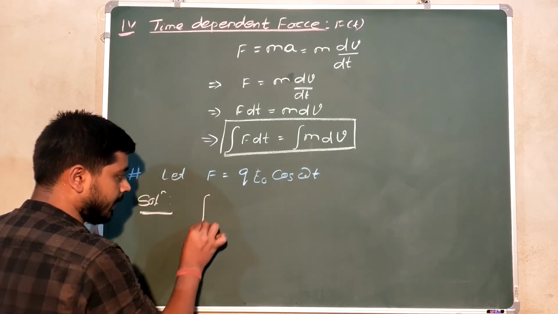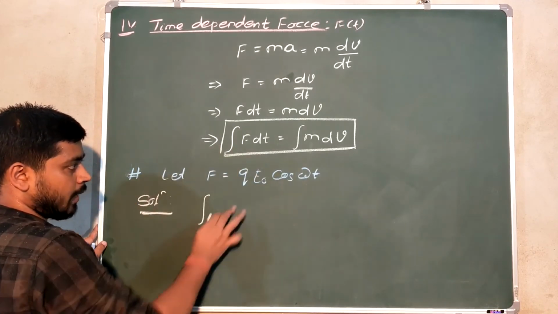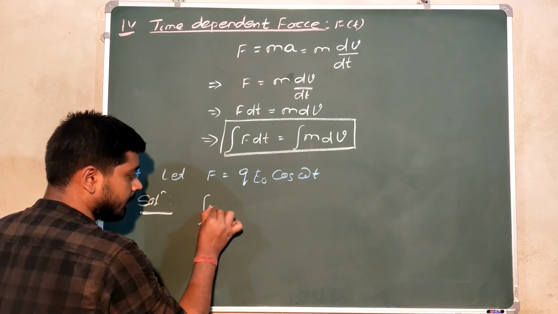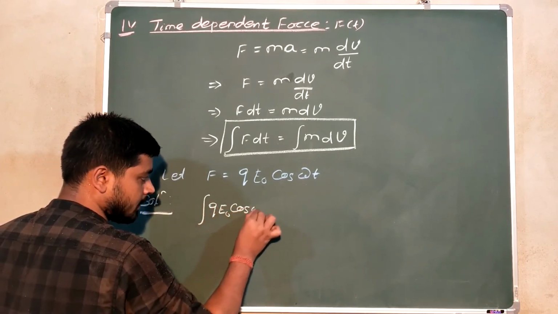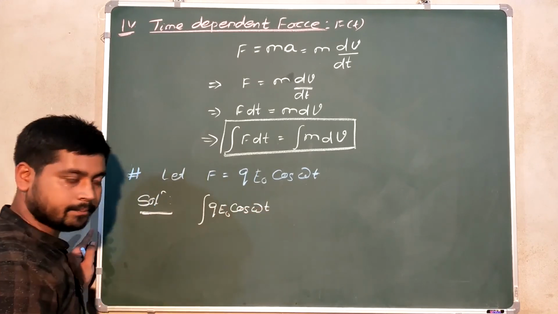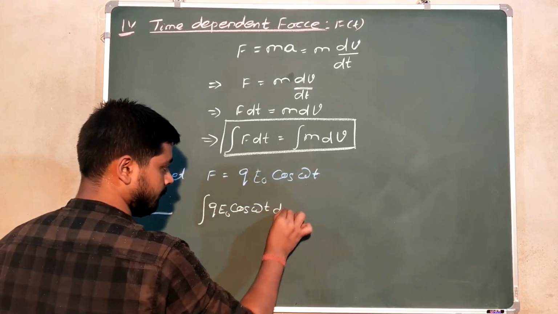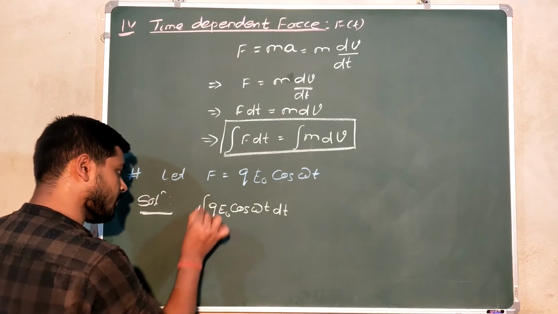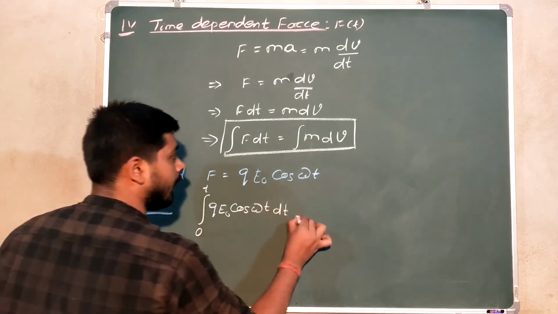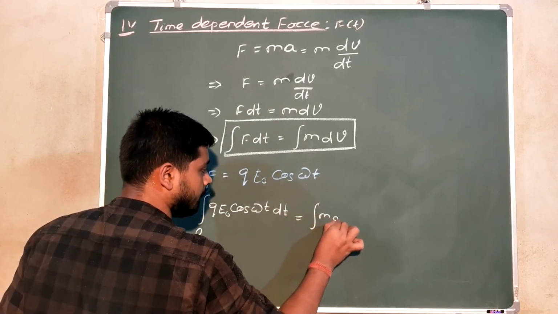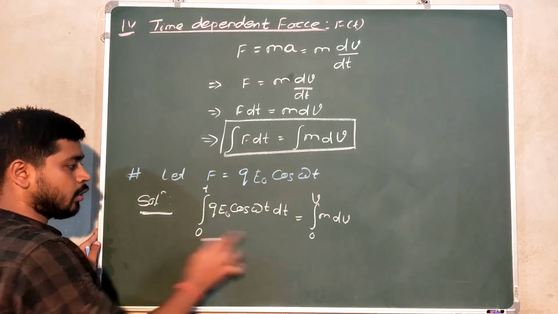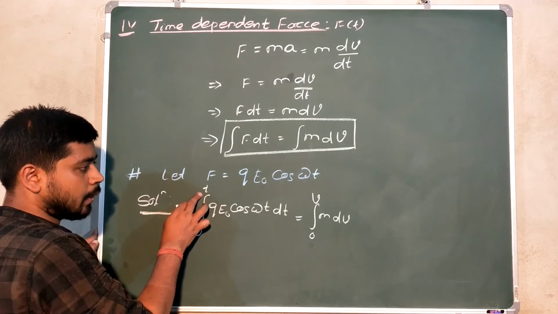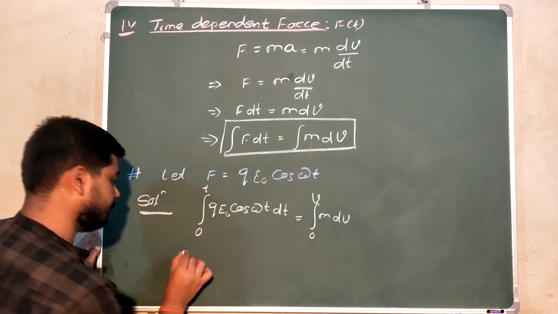Integration: in place of F, we have to write q E naught cos omega t dt, time from 0 to t, and this one is integration of m dv from 0 to v. When time t equal to 0, initial velocity is 0. When time t equal to t, final velocity is v.